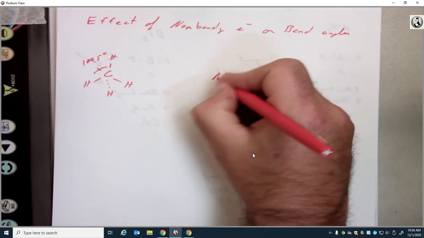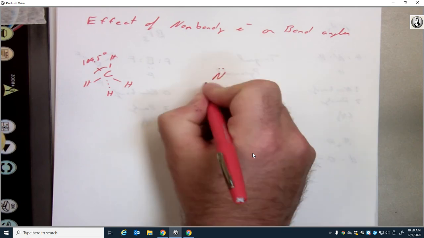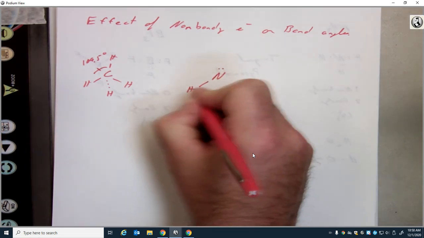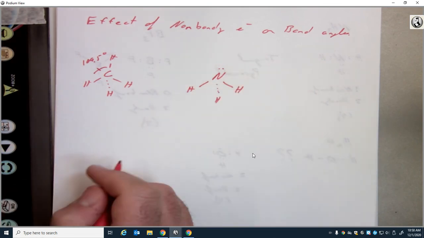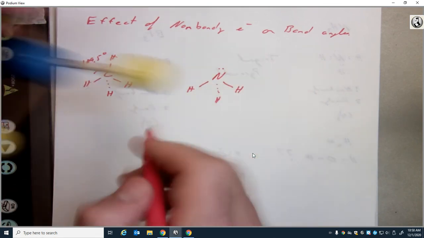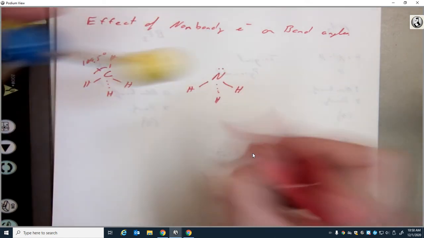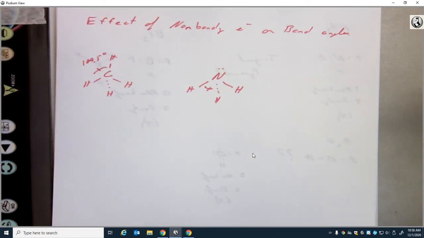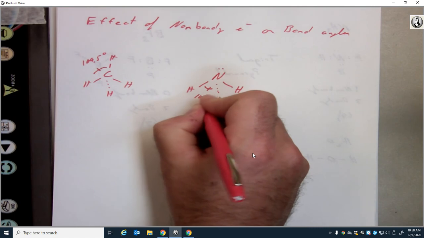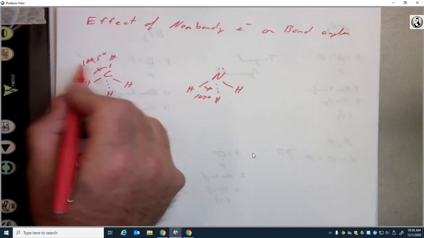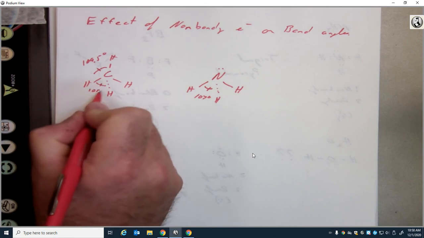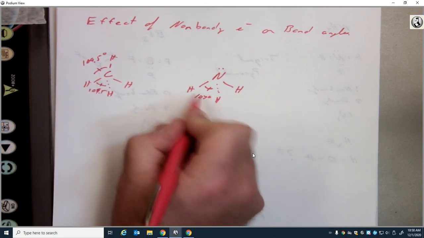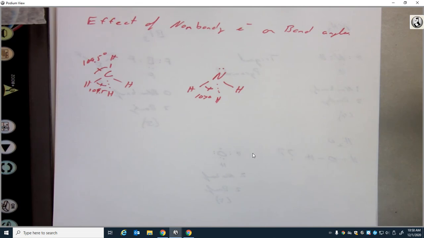So it turns out with ammonia, excuse me, that this angle right here is about 107 degrees. It's less. Okay, so remember this one right here is still 109.5, right? But this is only 107 degrees.